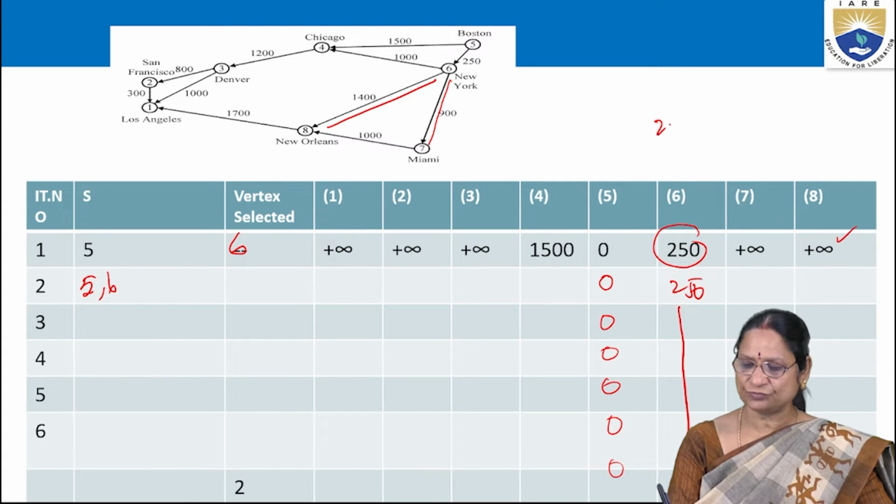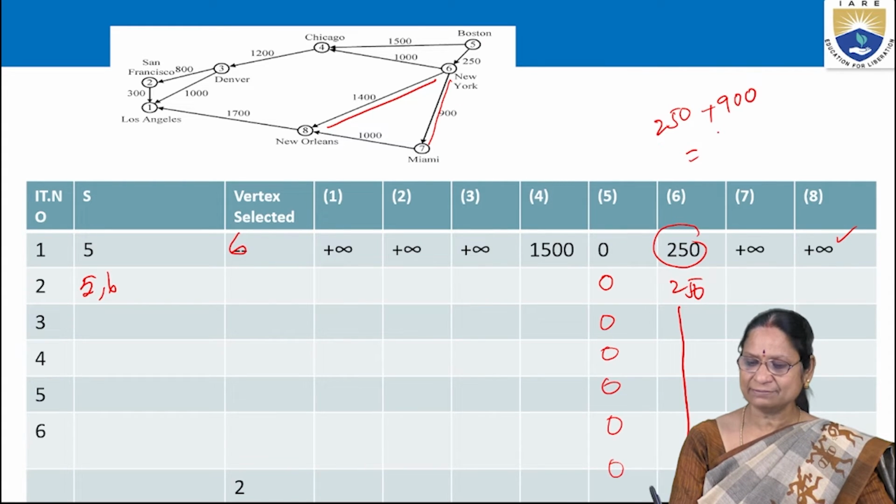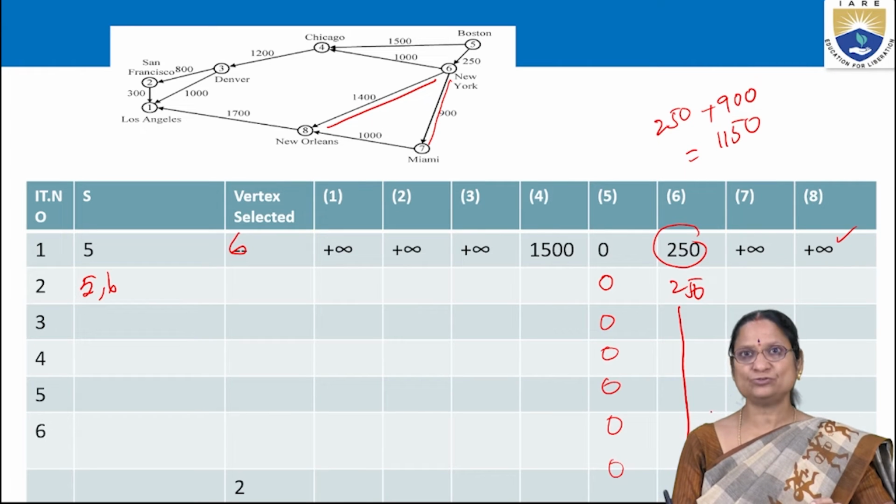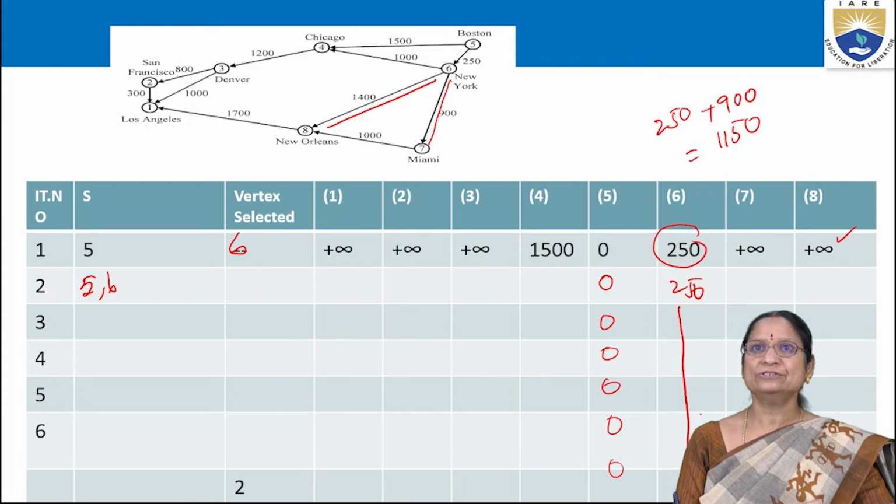Up to 6 is 250, which we just computed, and the edge 6 to 7 is 900, so the total is 1150. So the reachability cost estimated through 6 up to 7 is 1150.